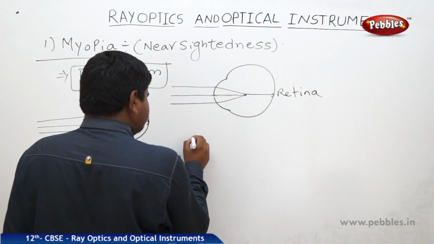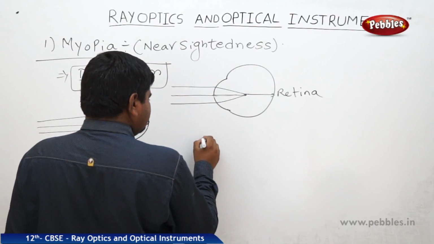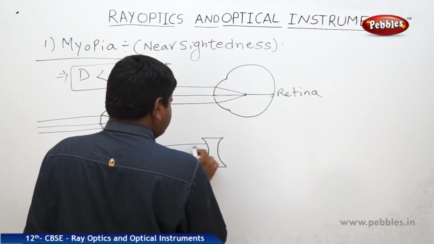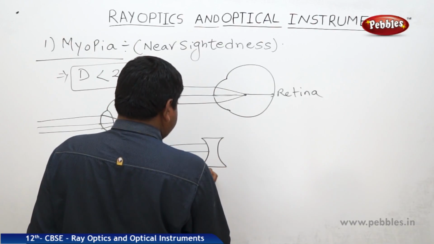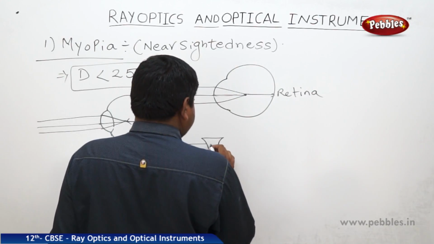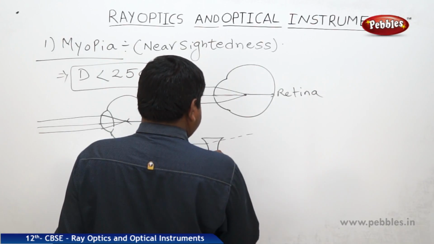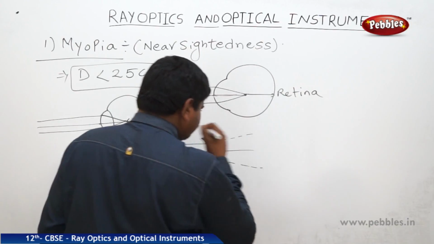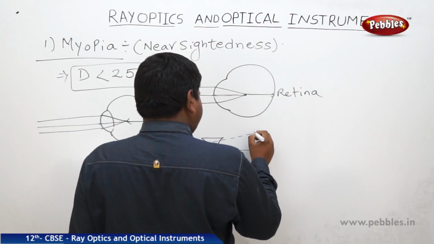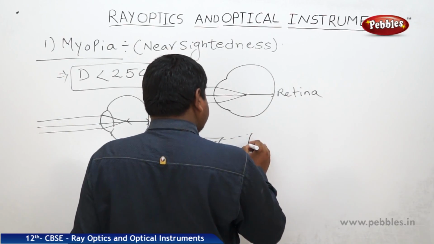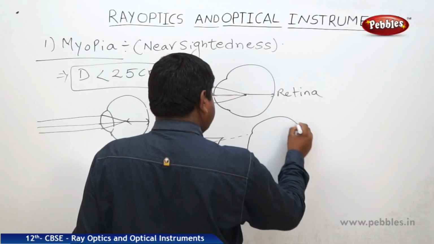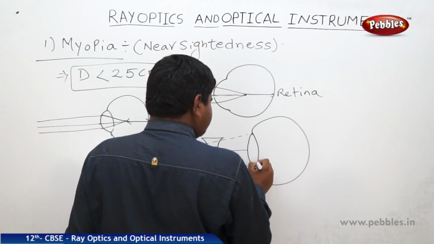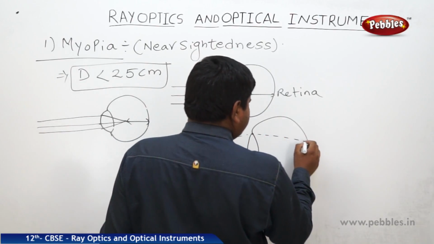We should arrange a biconcave lens, then the rays fall on the crystalline lens, which is convex, and then they converge.